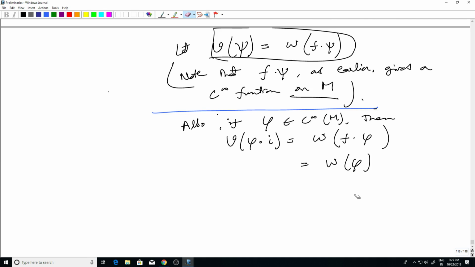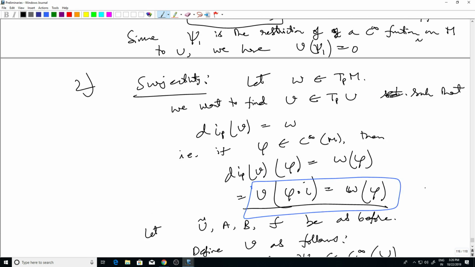This equation holds because F multiplied by phi is identically equal to phi on A. Both are C infinity functions on M, and they agree on A. Therefore, the action of W on them is the same, again by that lemma. So the equation is satisfied.